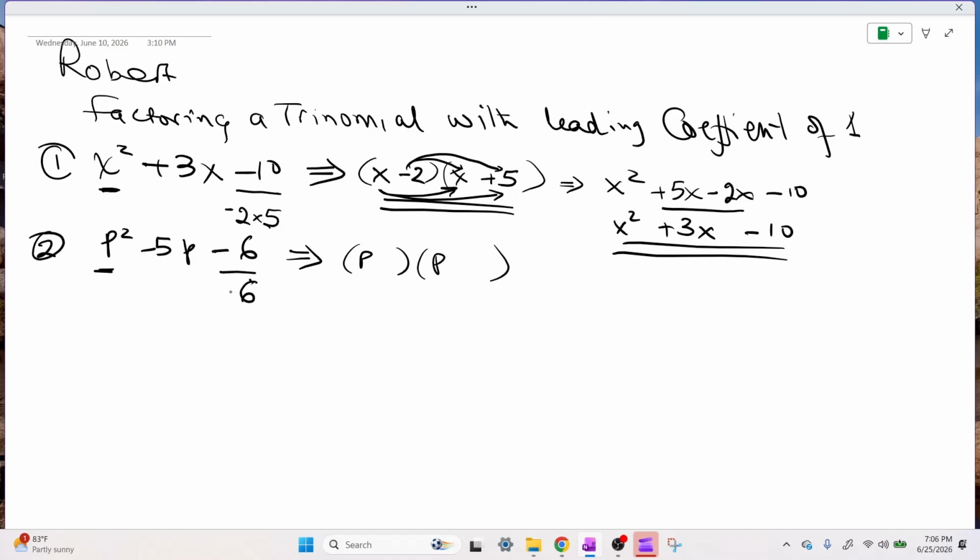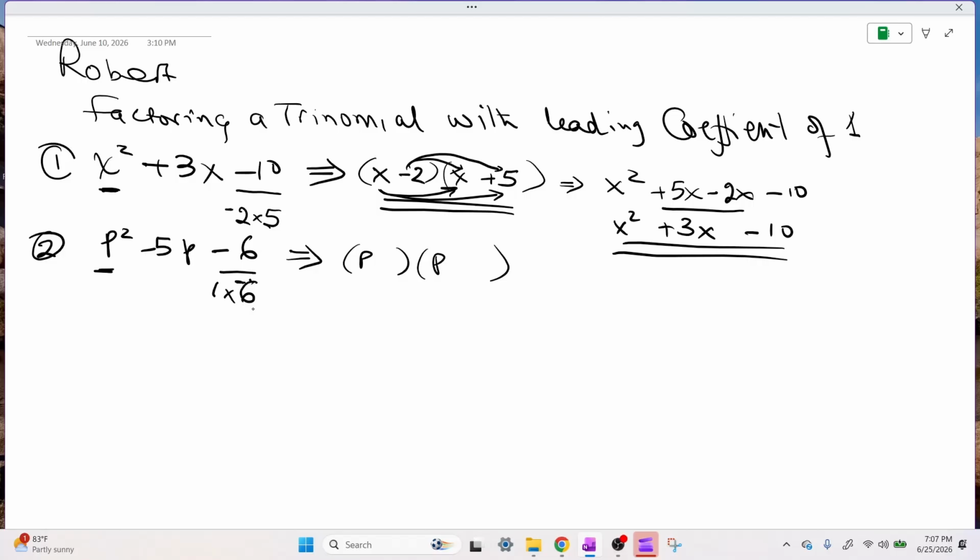So we have a 6 and a 1. When multiplied together will give us certainly 6. But we need to have negative 6. So again, we can choose minus 6, because we want to get a minus 5 here.